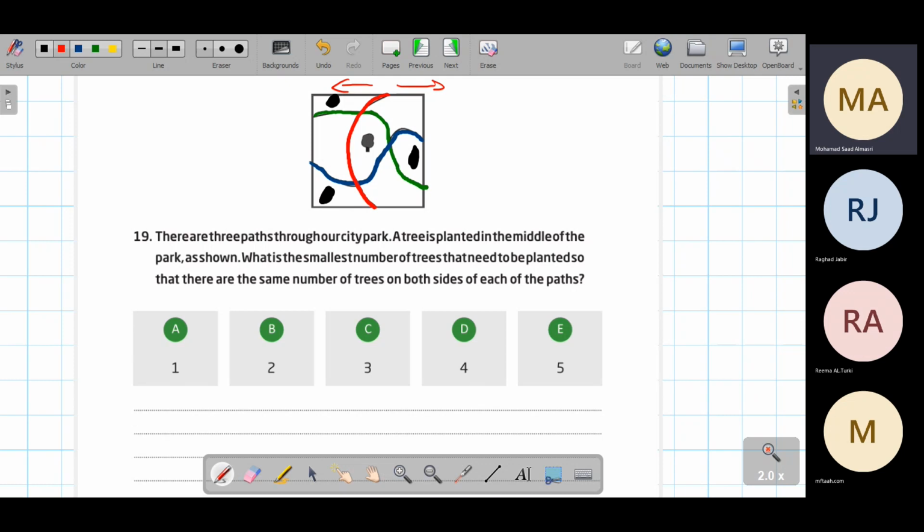If you have a question, you can ask your teacher or you can ask me. But I think you will do your best in this competition, and you will be among the smart students in our school. See you inshallah.